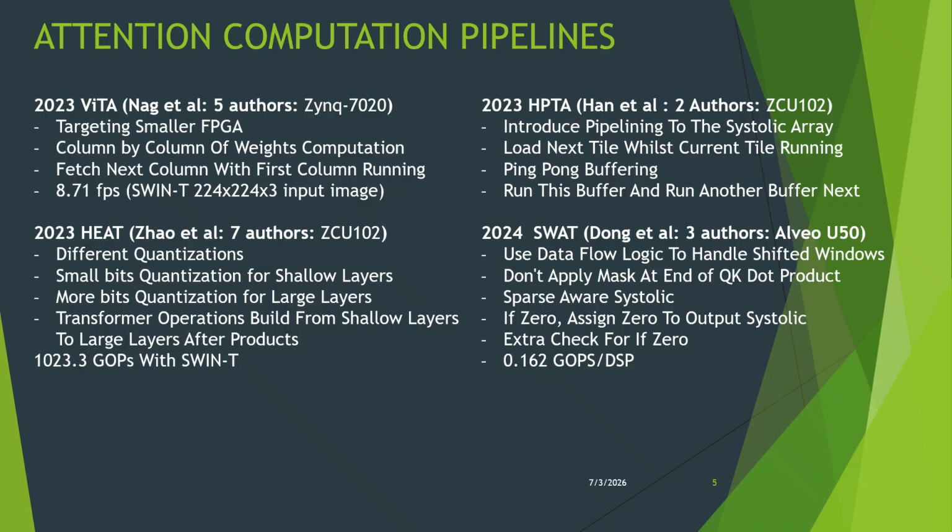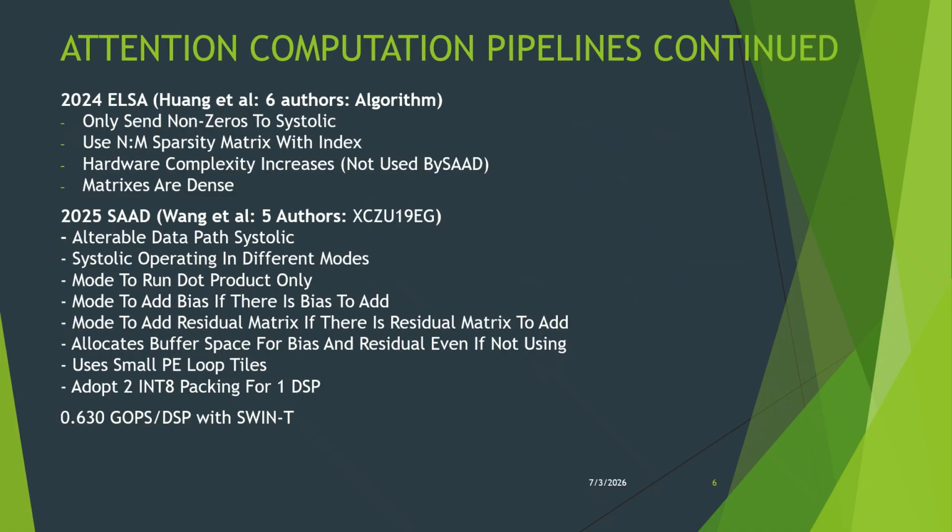HPTA is a design on a big FPGA, and it presents ping pong buffering as an idea. SWAT also uses a big FPGA, but it presents using data flow logic to handle the masking for the shifted windows, instead of applying the masking.